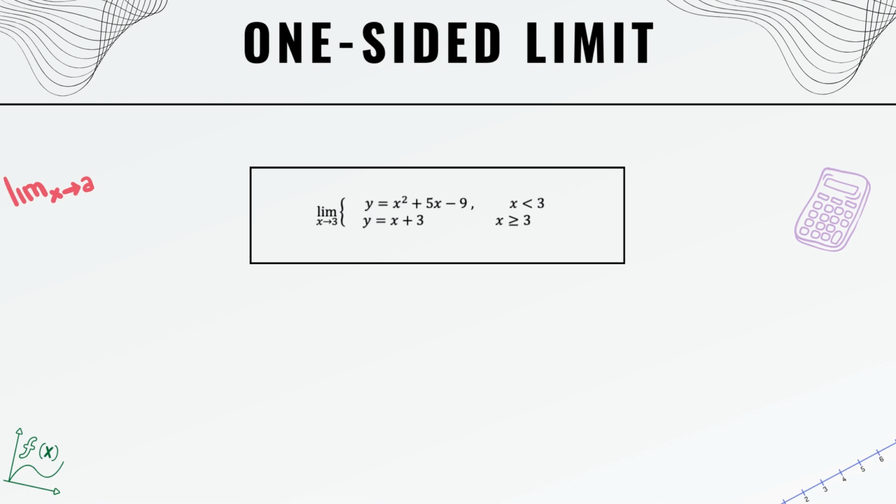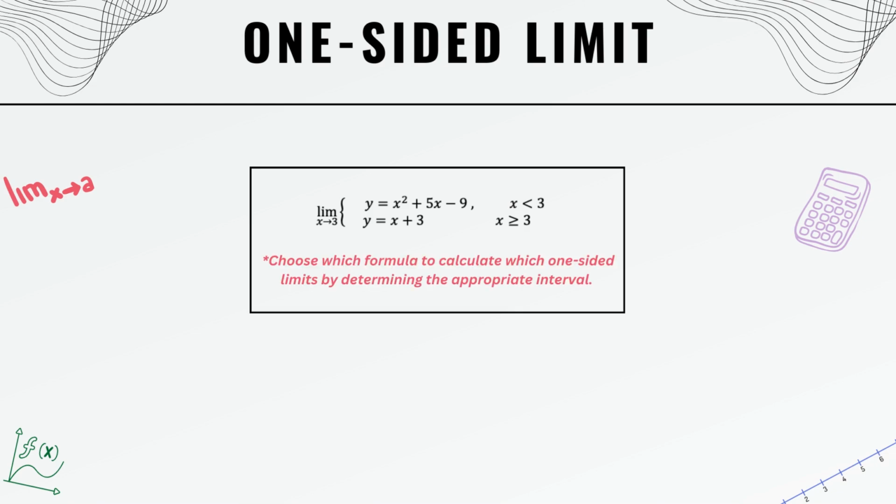The most important thing when solving for one-sided limits when dealing with piecewise is to determine which formula is needed to find which one-sided limit. This is pretty easy. Let's first find the left-handed limit at 3.